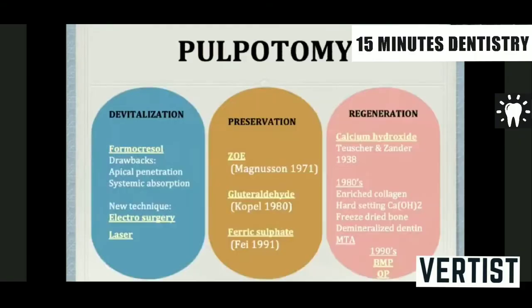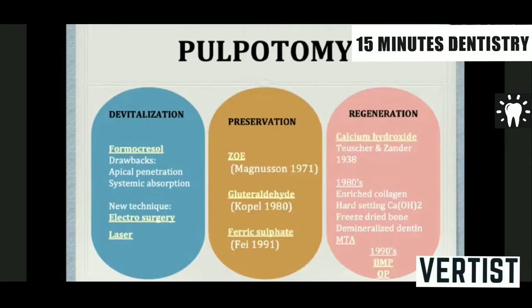So, how do we classify the pulpotomy medicaments? That is depending on their function, or how the body responds to the material. They are classified as devitalization, preservation, and regeneration. Devitalization materials include formocresol, which has its own drawbacks and advantages, and electrosurgery and laser.